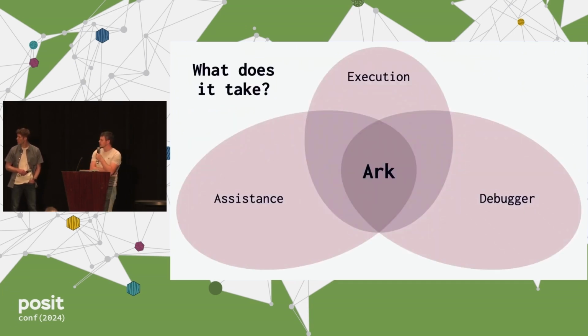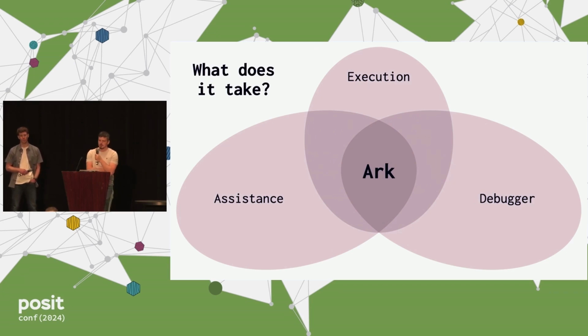So what does it take to make a great development experience for R? There are three main things that Ark is concerned with. First, code execution, so sourcing a script or executing a piece of code. Code assistance, which ranges from completions to diagnostics to let you know that there might be a problem in your code even before you execute it, or contextual help.